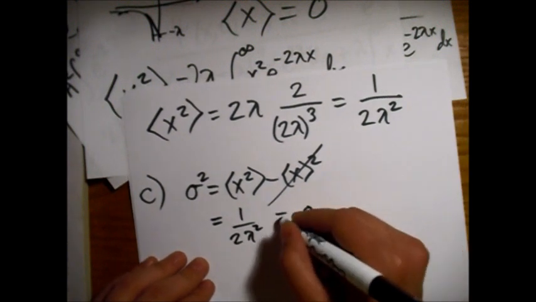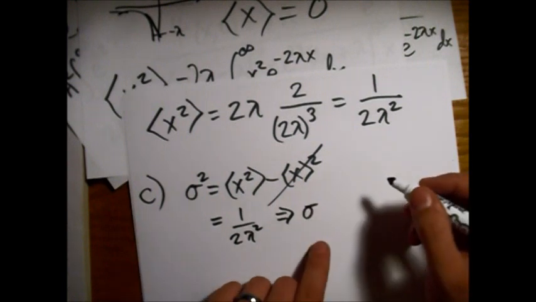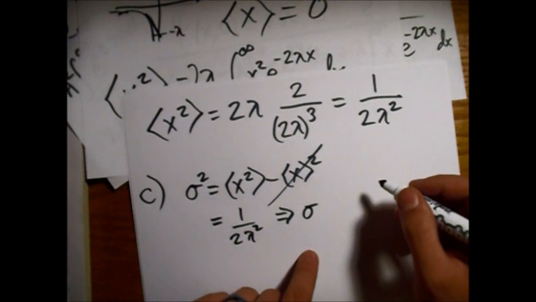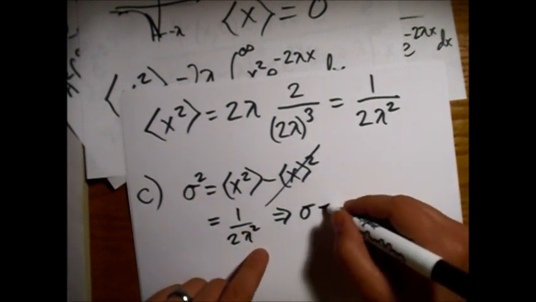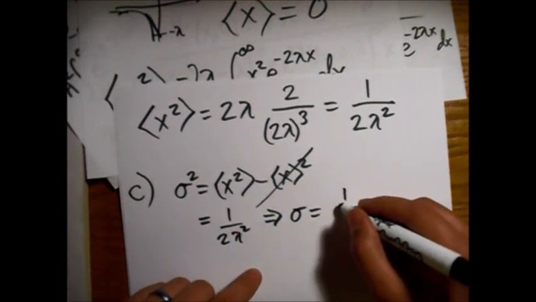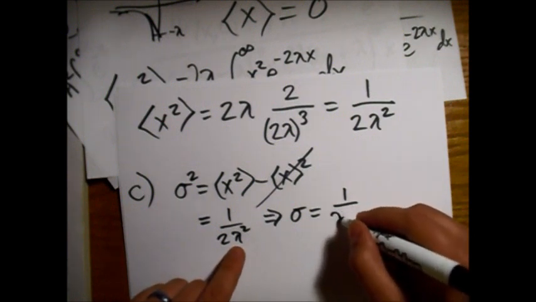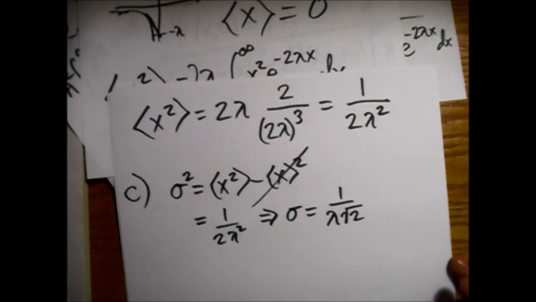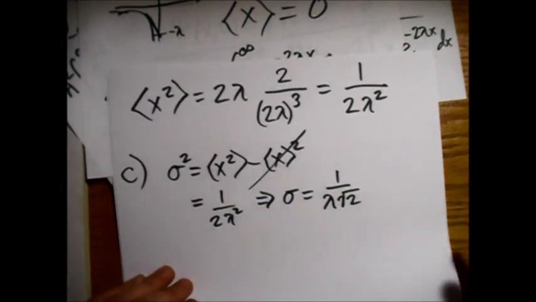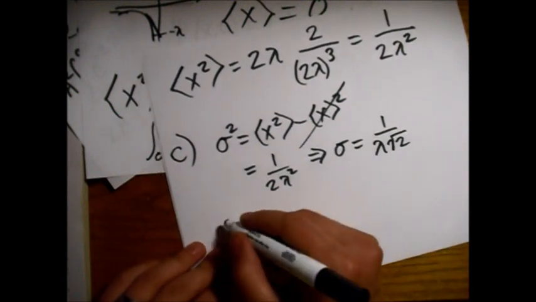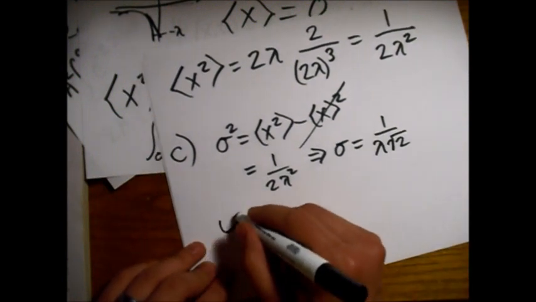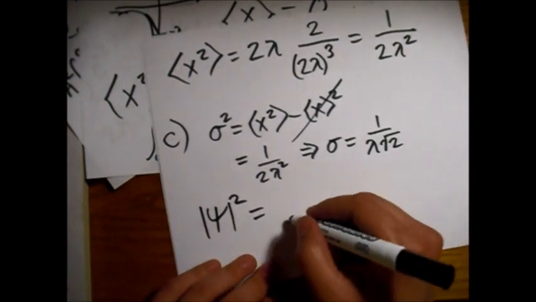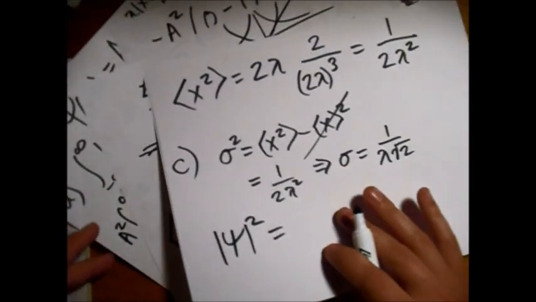So this gives us the standard deviation, we just take the square root. Bring lambda out front and then square root of 2, like that. So if we look at the psi squared, where did I put it?